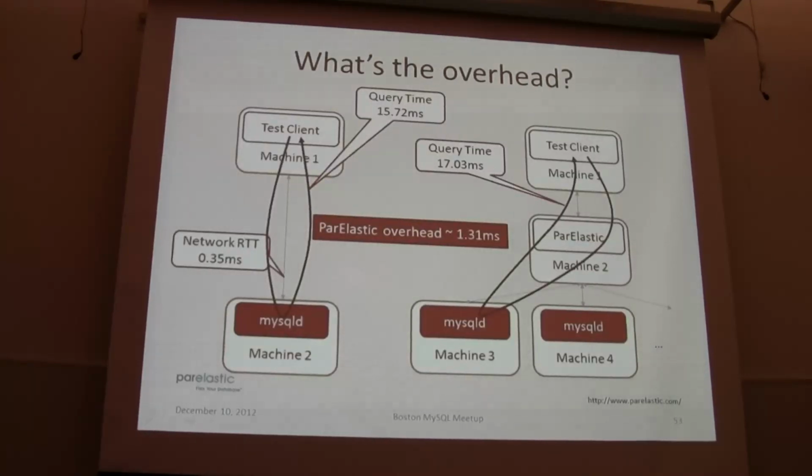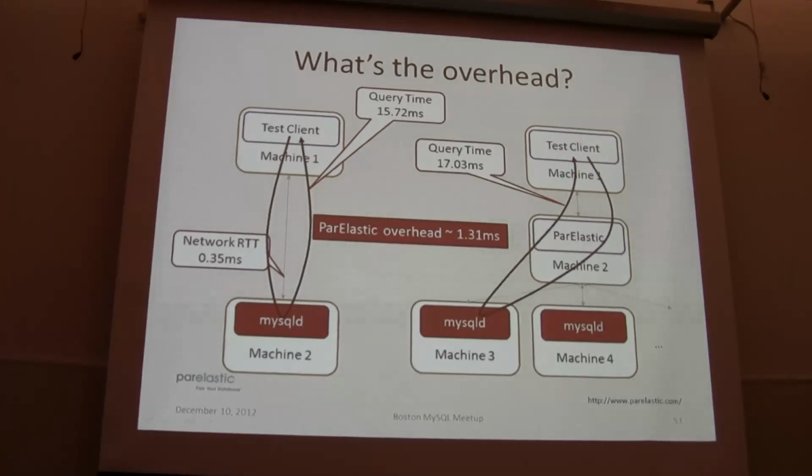You talked about the overhead. So just for the purpose of measuring the overhead, we did this benchmark, also done in Amazon. Network round trip time was 0.35 milliseconds. A single MySQL instance, this was an M1.4XL, can't get any bigger. Over a long period of time, query response time was 15.7 milliseconds.